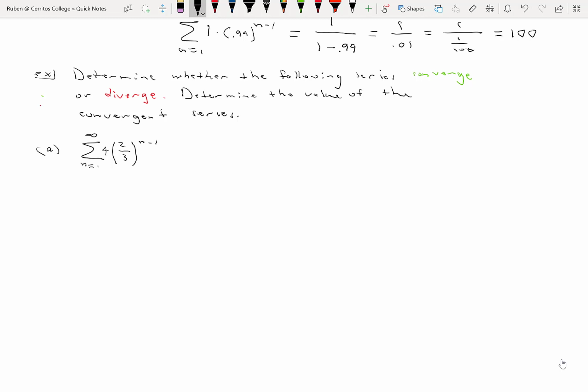We recognize that this is a geometric series. It is exactly of the form a r to the n minus 1, where n ranges between 1 and infinity. And since that's the case, we identify this series.